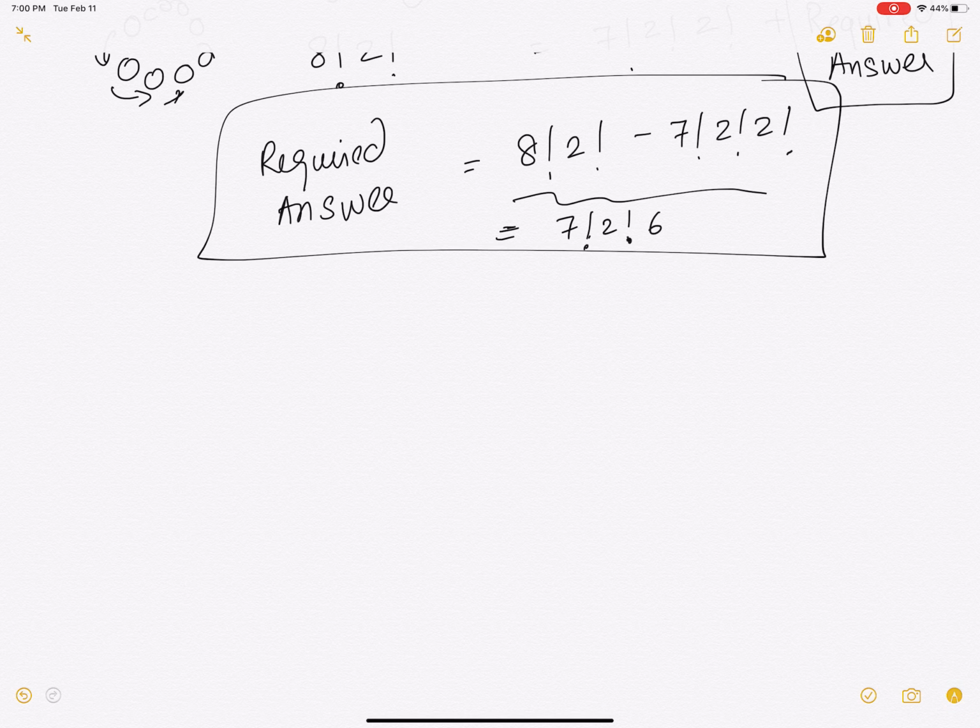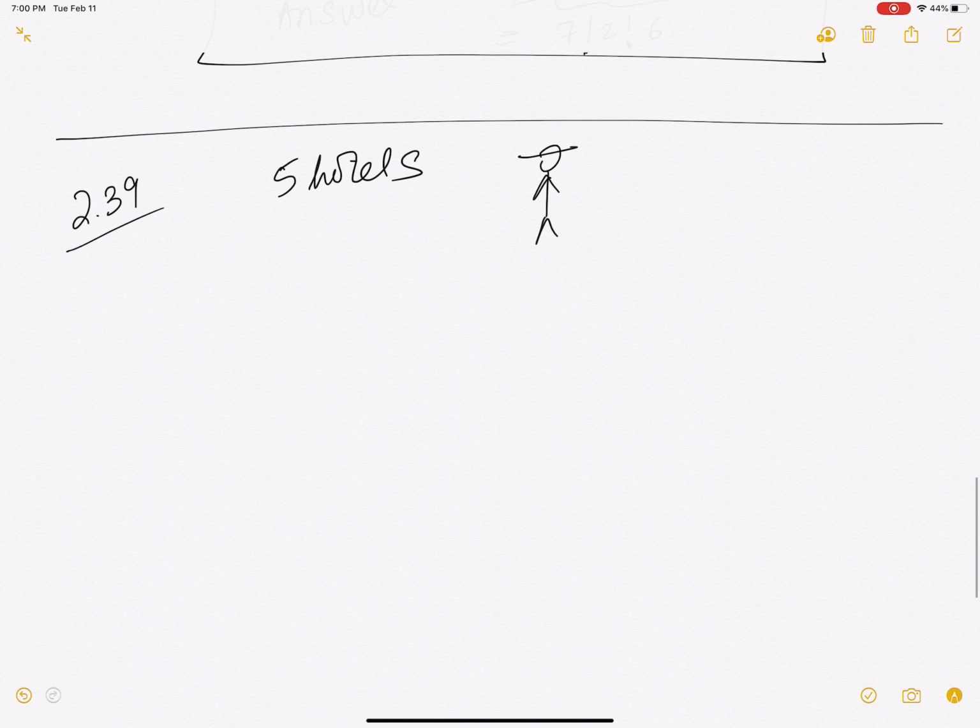Okay, all right. So next, we're going to look at problem number 39 from chapter 2. What does that problem say? There are 5 hotels in a little town, and 3 people are going to this town.